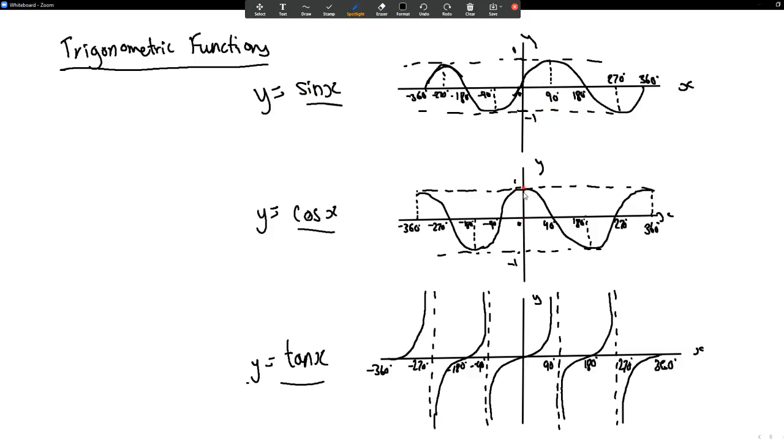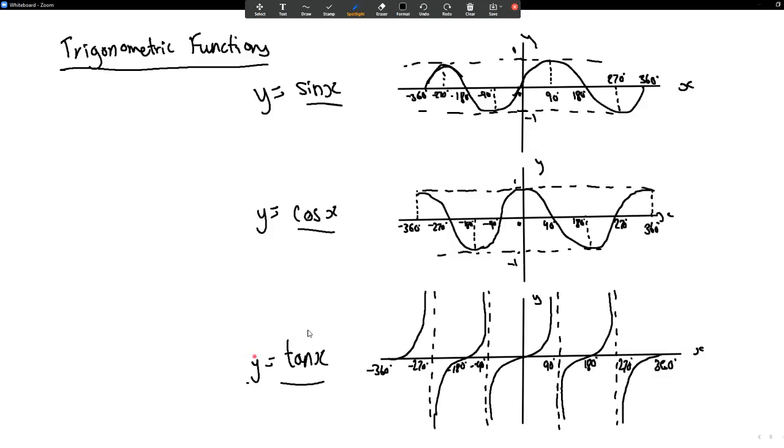Instead, it just starts at a different point. You can still see that it repeats itself every 360 degrees and oscillates between 1 and -1. And every 90 degrees you go from 0 to a peak, either 1 or -1, and then 0 and then a peak.